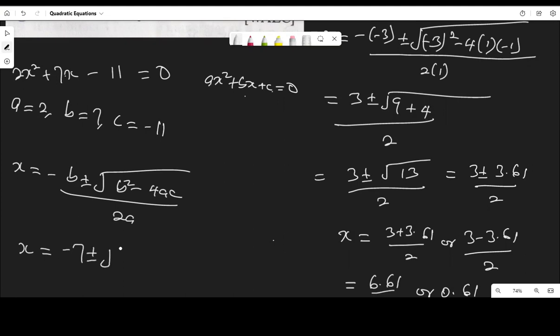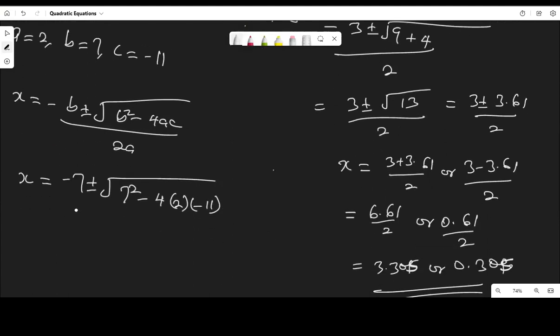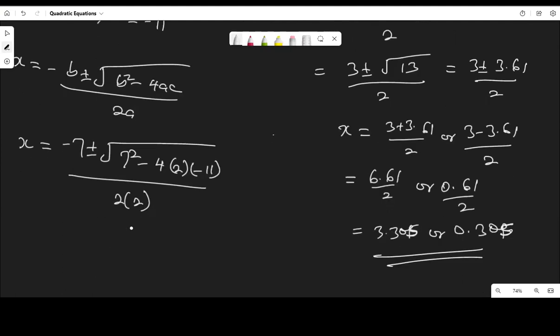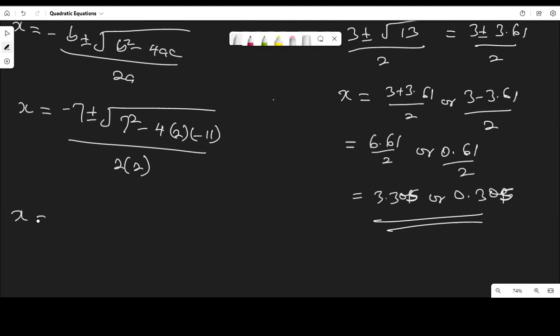Then plus or minus the square root of 7 squared minus 4 times a, which is 2, and c, which is -11, all over 2 times a, which is 2. So we have x equal to -7 plus or minus the square root of 7 squared, which is 49, minus times minus is plus, 4 times 2 is 8, 8 times 11 is 88, and over 4.